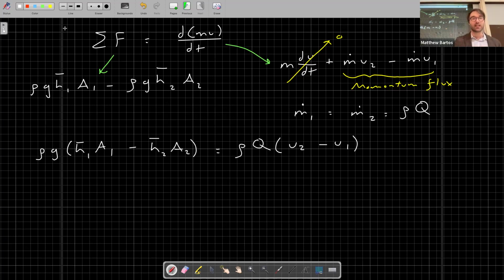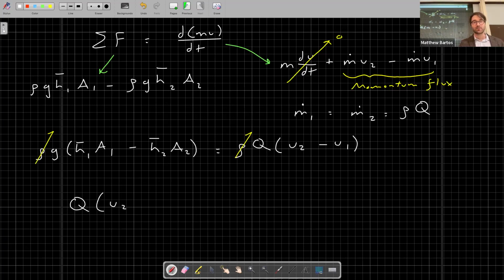You'll notice here that the density can be divided out, and we end up with the following expression for our momentum balance. I'm going to flip the sides just because I like writing it this way better.